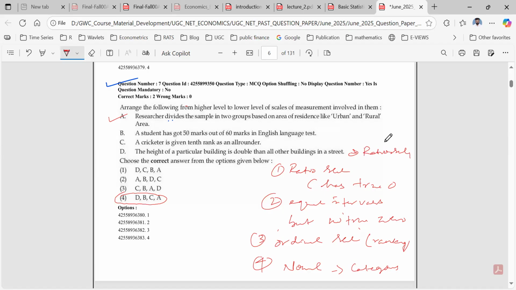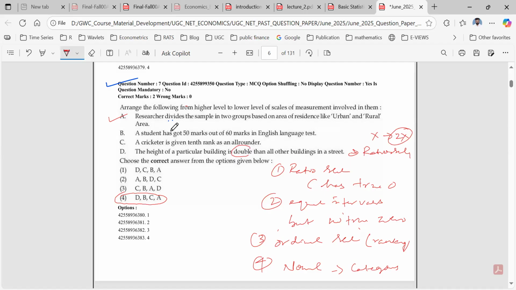First, the ratio should be meaningful. Because it is saying the height of a particular building is double than all other buildings in the street. It means if the other buildings are x, then this building is 2x, right? So it is 2 times. So the ratio is meaningful. Is it clear? So it is ratio scale.